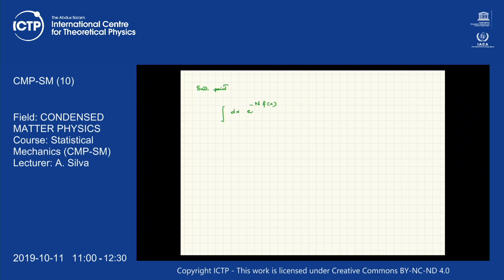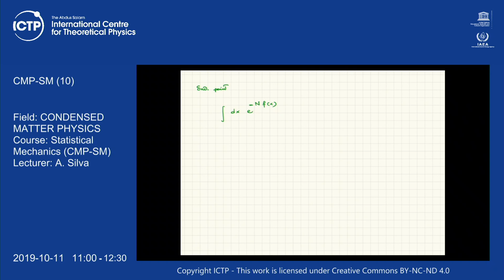Actually, I was wrong. The other way around, it's dominated by maxima, and this way, with the minus sign, it is dominated by minima. Yes, it's dominated by minima. So let's stick to the minus sign.